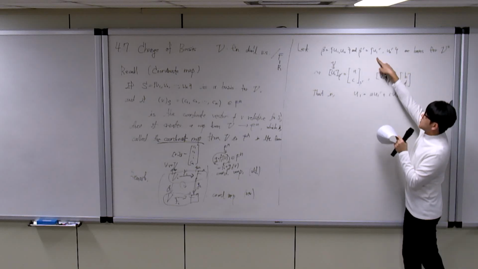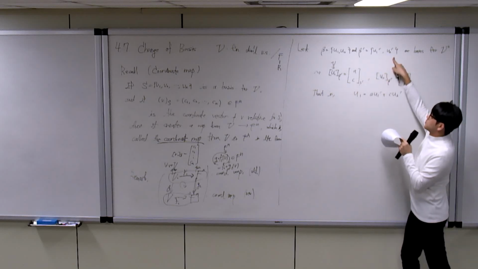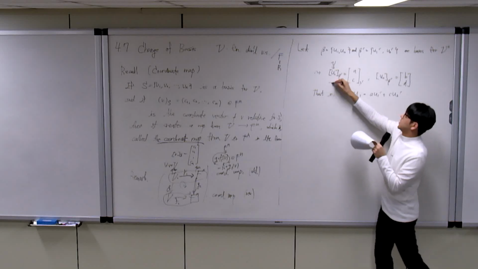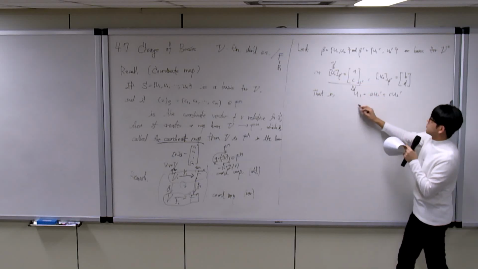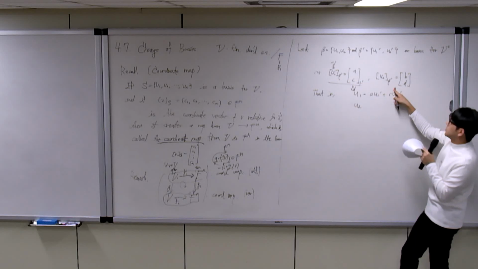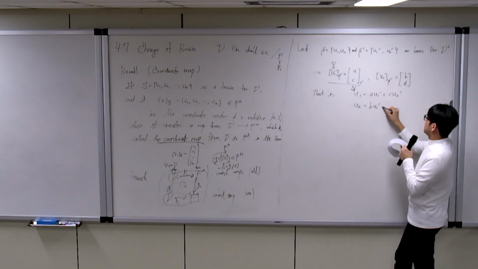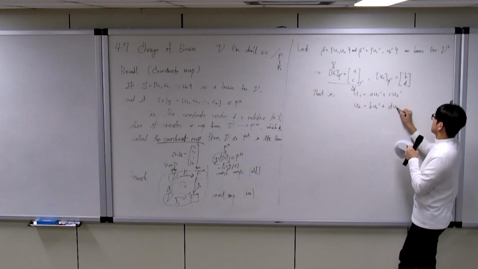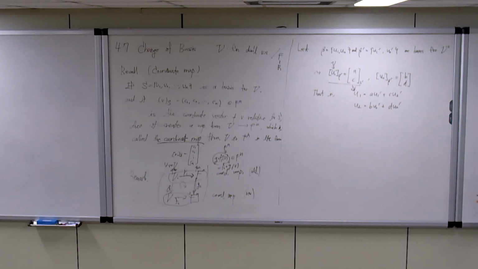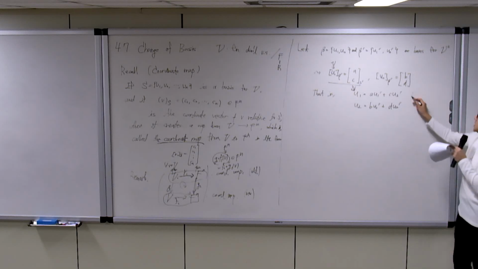So a u1 prime plus c u2 prime is u1. This means this equation, and the second equation means b u1 prime plus d u2 prime, and then we have a linear system.